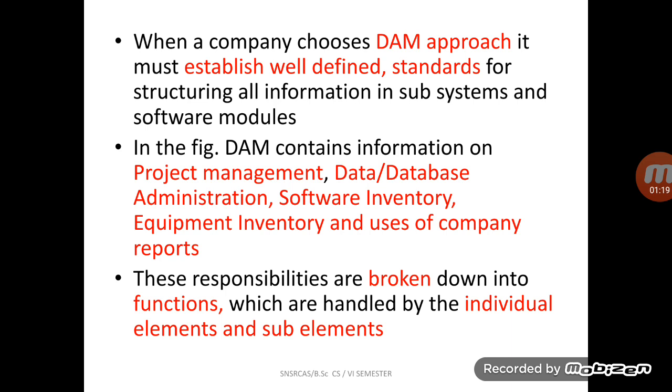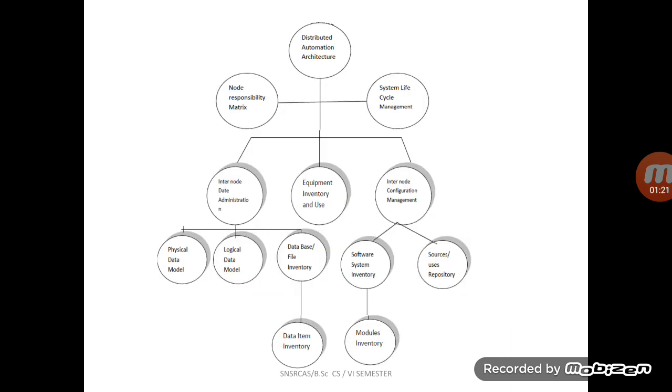In the figure, see this architecture, it is a DAM architecture. This DAM architecture contains detailed information. The information includes project management, data or database administration, software inventory, equipment inventory, and sources and uses of the company reports.